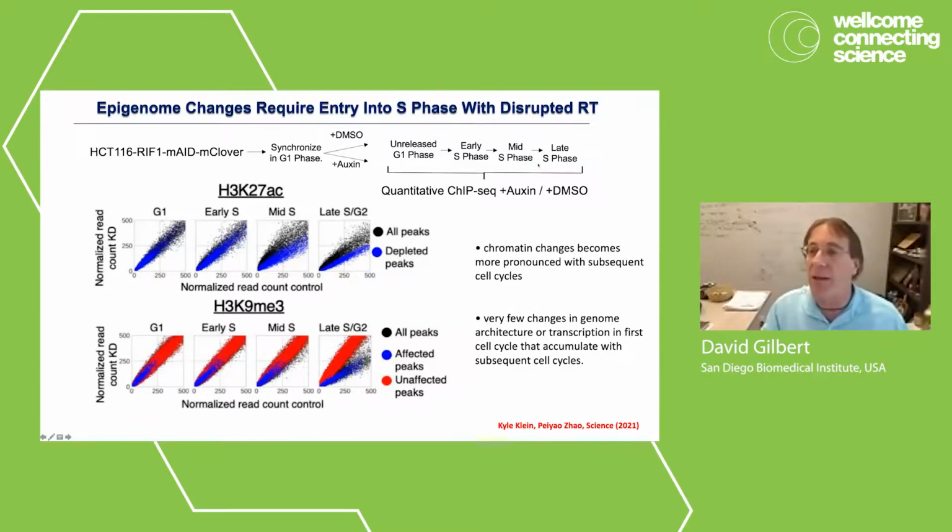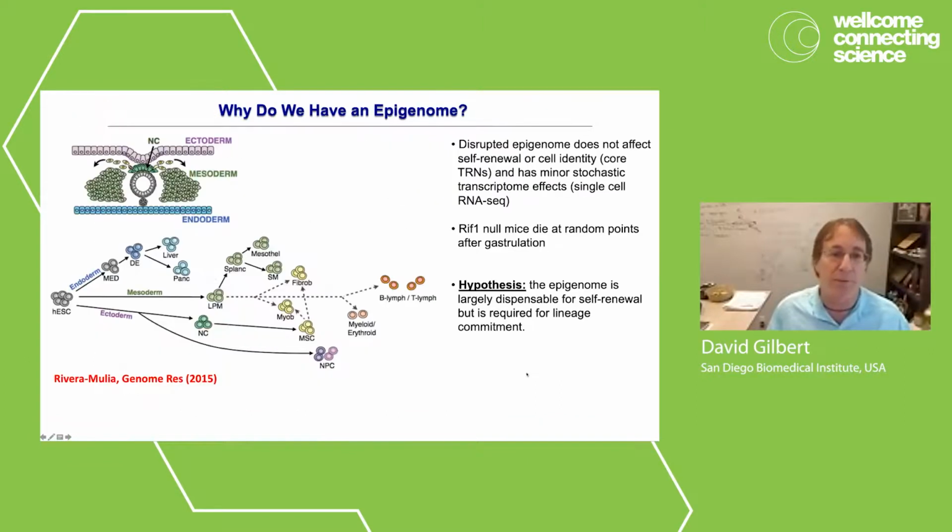And if we then go multiple cell cycles, we can see with each cell cycle more and more pronounced aberrations. And as I said, very few changes in chromatin architecture occur in this first cell cycle, and very few changes in transcription. These abnormalities accumulate with each cell cycle.